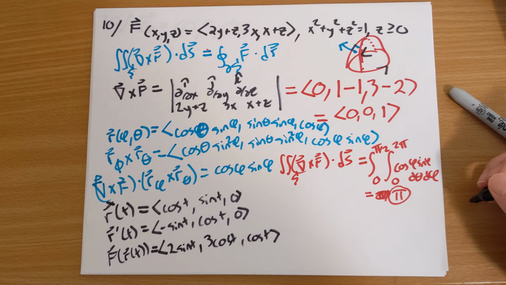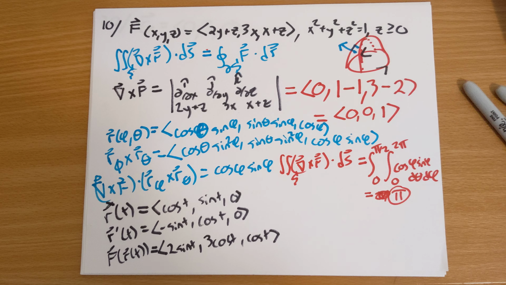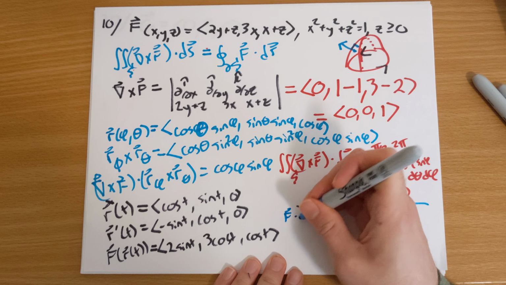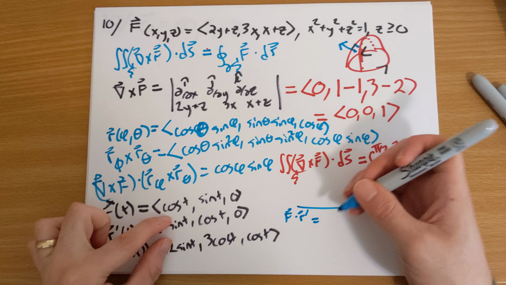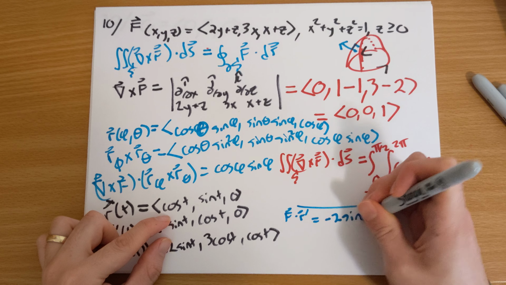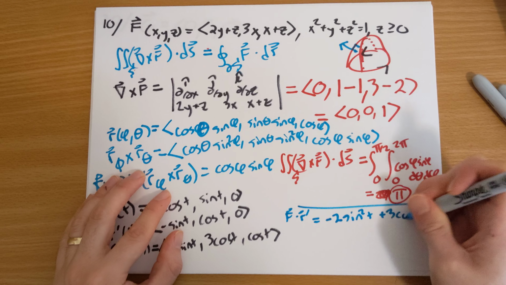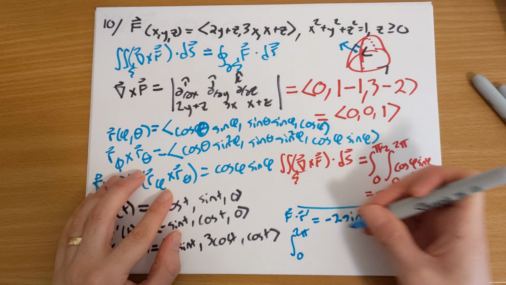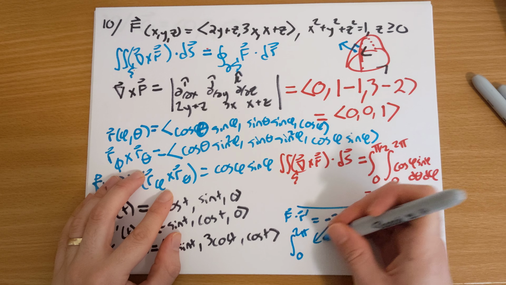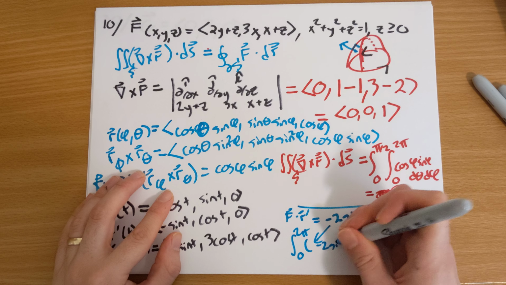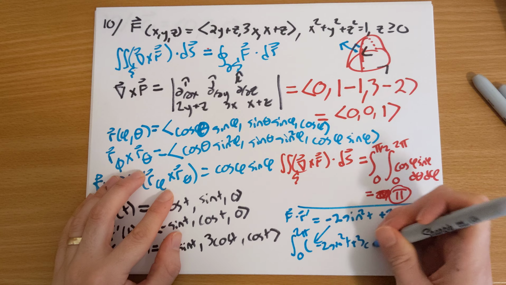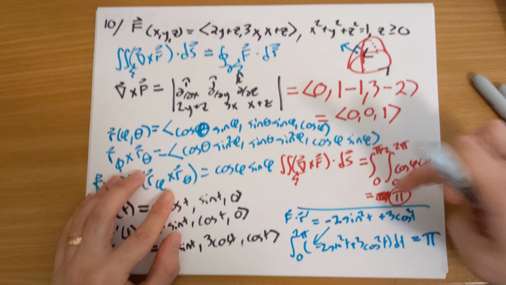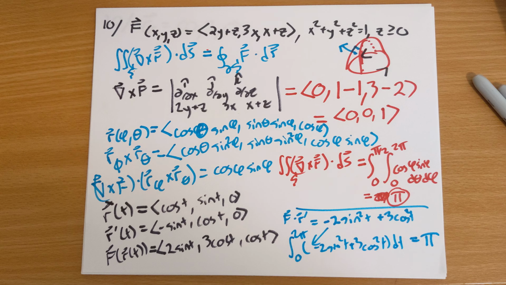And so when we compute the dot product, f dot r prime ends up as negative 2 sine squared t plus 3 cosine squared t. So the integral from 0 to 2 pi of negative 2 sine squared t plus 3 cosine squared t dt also ends up as pi. And so that checks out.